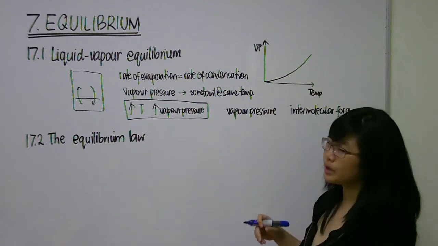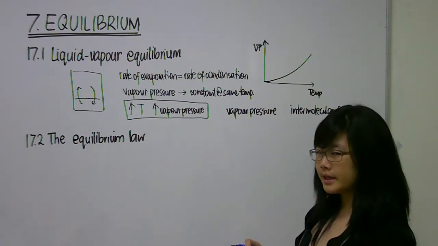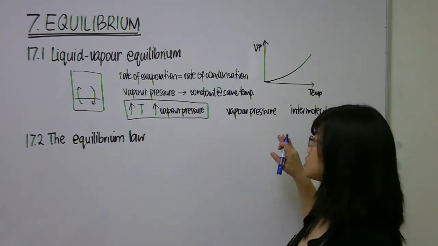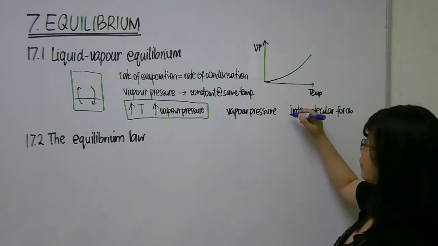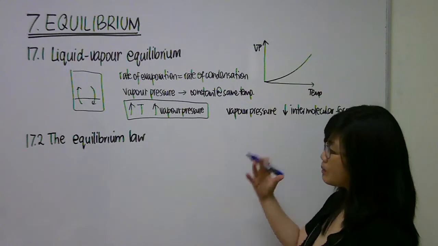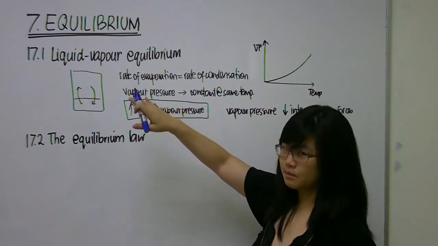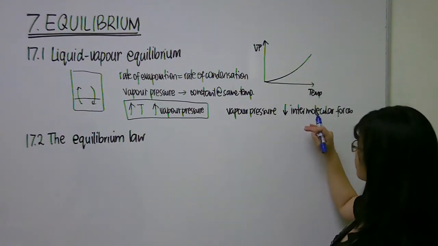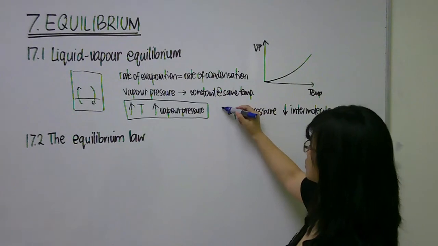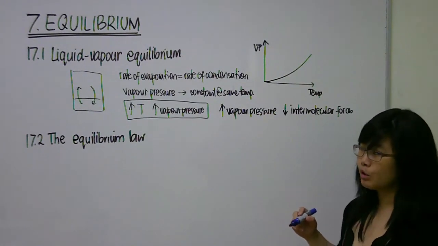We know that the weaker the intermolecular forces, the easier it is for the molecules to break this force. So when your intermolecular force is weaker, there will be more gaseous molecules in the system, just because when the intermolecular forces are low, it's easier to evaporate. So the greater the vapor pressure, the lower the intermolecular forces.